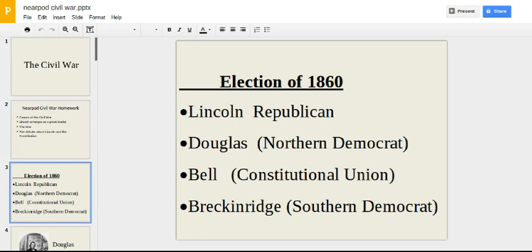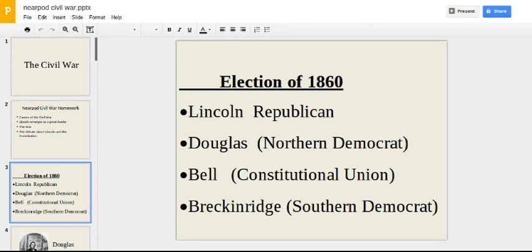Up to now, we've been talking about causes of the Civil War, and we're going to be talking about long-term and short-term causes. A long-term cause is the type of thing that we debated in class when we talked about social, legal, political, and economic causes of the Civil War. Almost all of those things were strongly influenced by slavery.